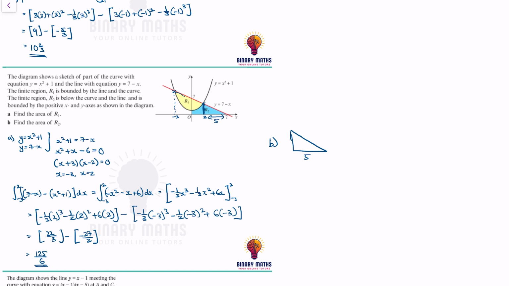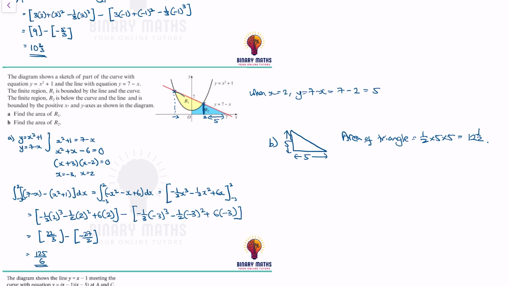So when x equals 2, y is equal to 7 minus x, which is 7 minus 2, which is equal to 5. So this means that the height is also 5. So the area of the triangle is equal to half times 5 times 5, which is 12 and a half.